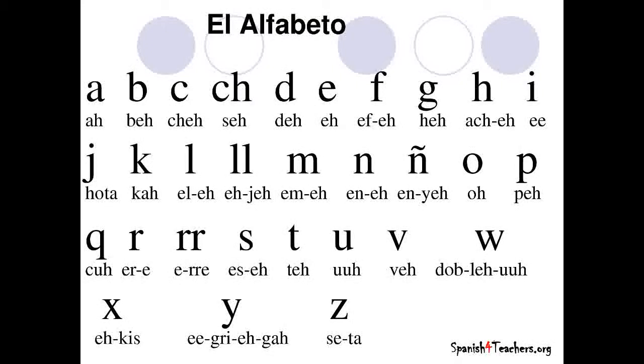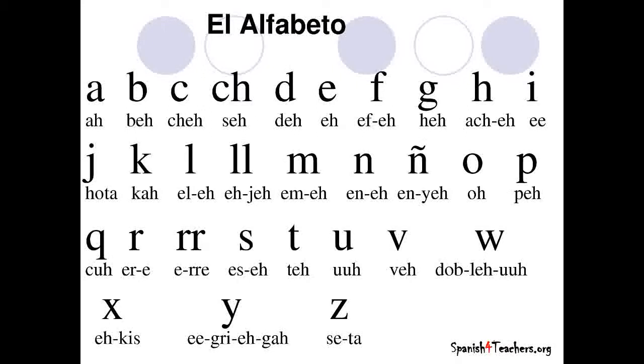The English letter V is called B or B chica. B chica is used to differentiate B from B grande. Vista. Vista, view. The English letter X is called X. Very few Spanish words begin with X. It occurs within many words, such as taxi.